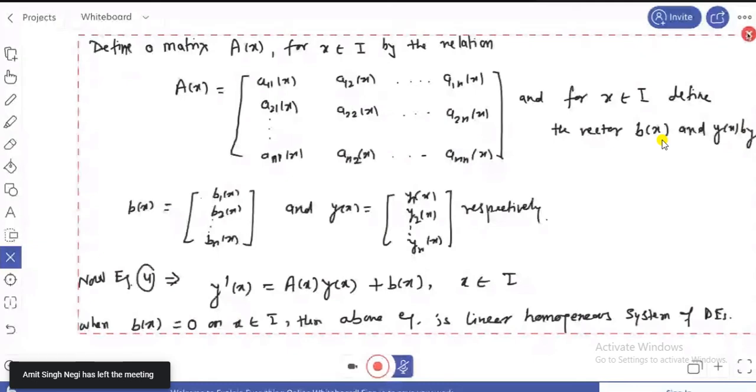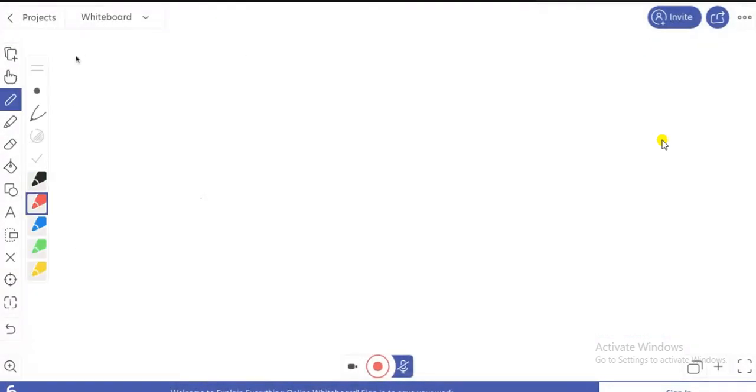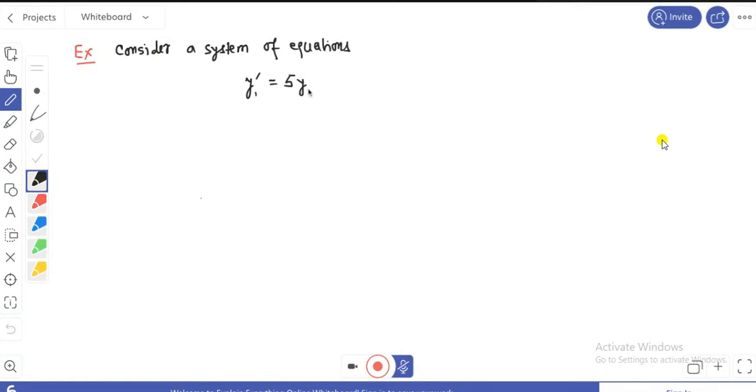We consider a system of equations which is defined like this: y1 prime equals 5y1 minus 2y2.